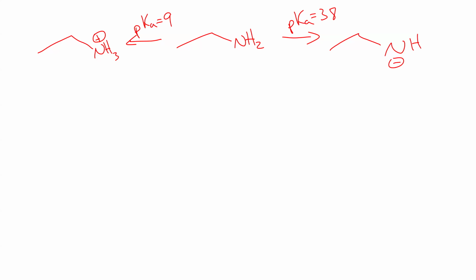You can deprotonate an amine to get a -1 charge. That's got a really high pKa, like outside of the range of what we could do in water. Because in water, we're pretty much limited to having pH between about -1 and 15 or so.